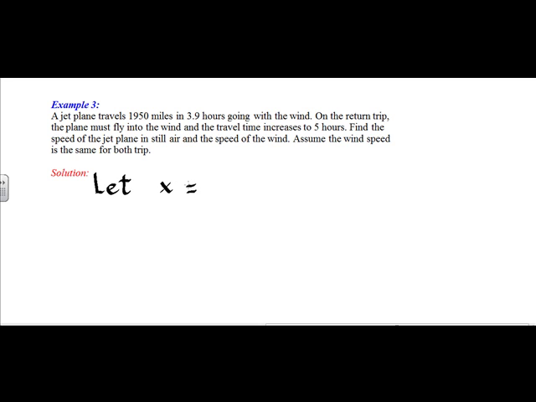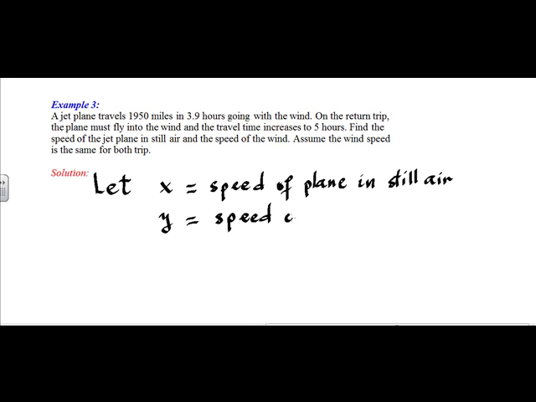Let X stand for the speed of the plane in still air. And let Y be the speed of the wind.